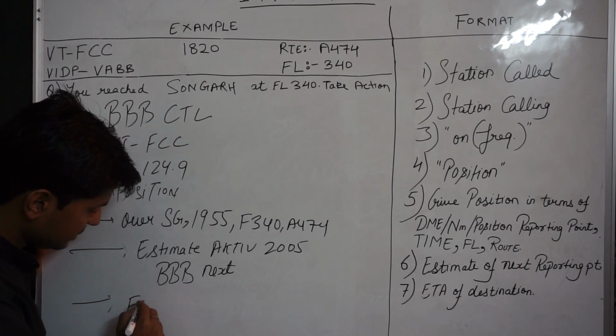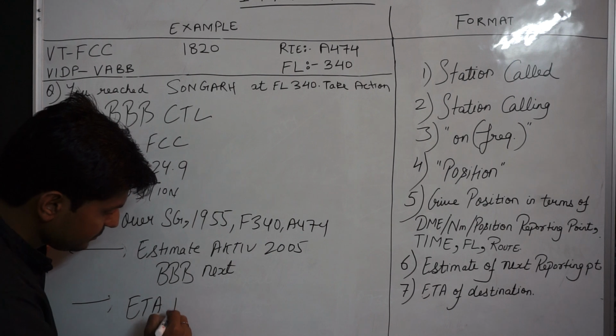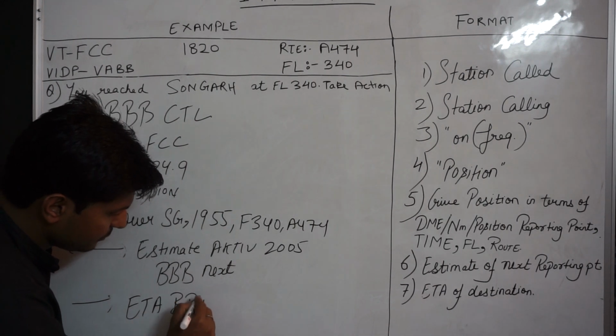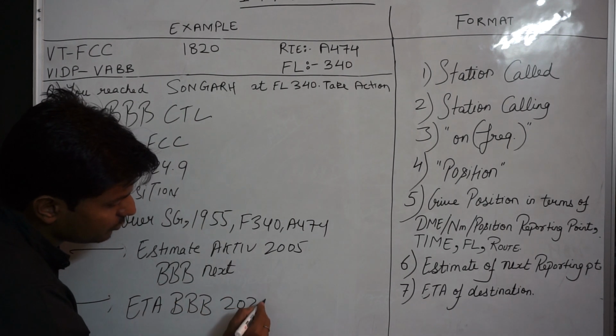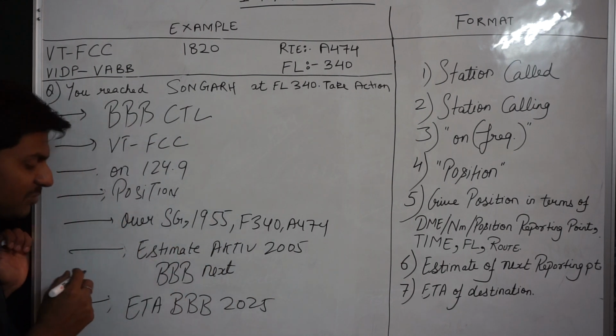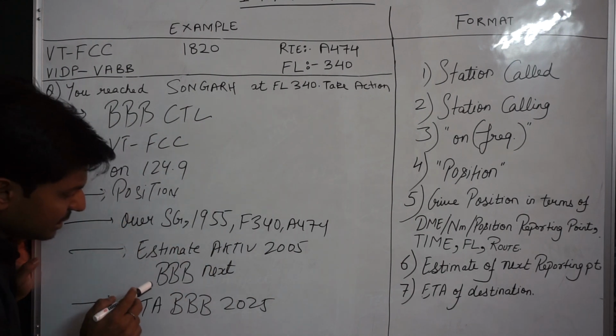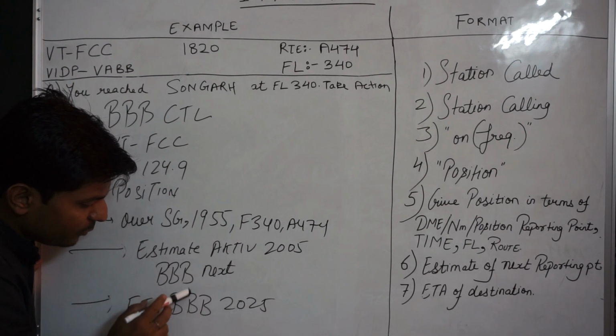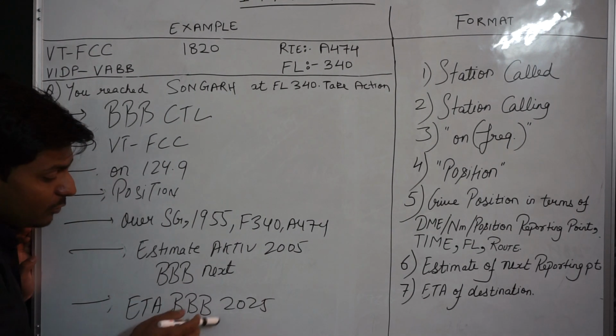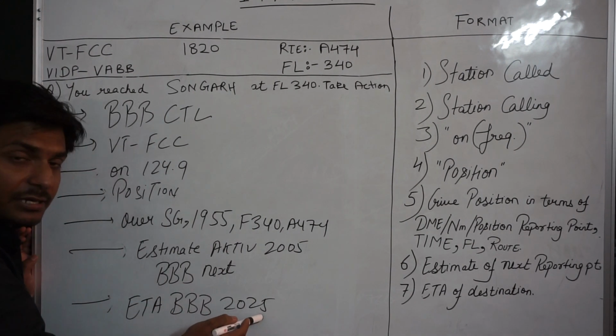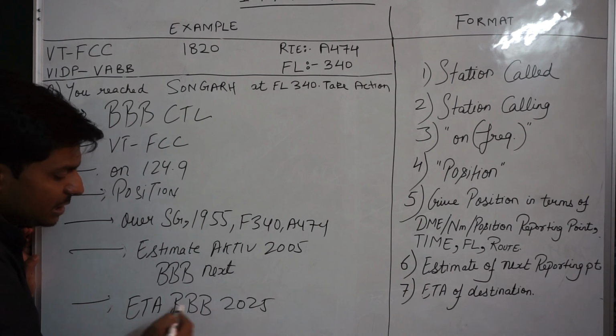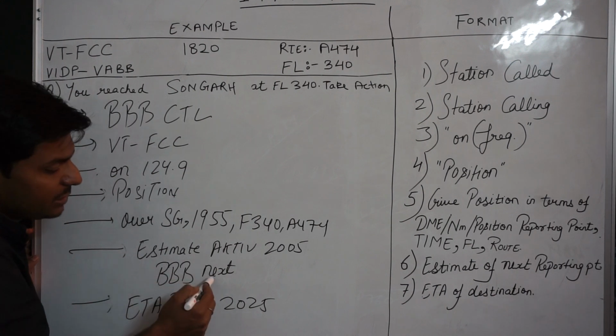Okay, and next is ETA Bravo 2025. But can you see that we are saying Bravo twice, while we have already given the estimated time of arrival of Mumbai, 2025. Then also we are saying Bravo next.